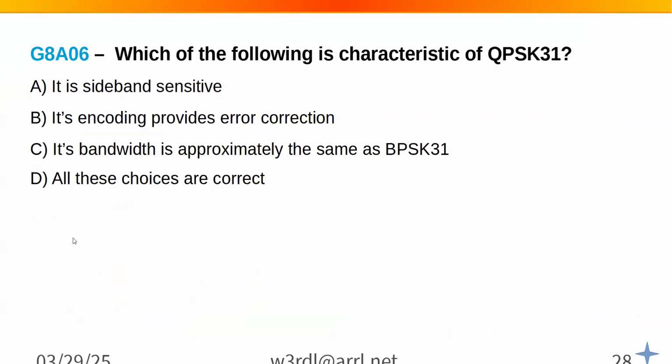Which of the following is characteristic of QPSK31? Well, you wouldn't expect it to have the same bandwidth because you've got 4 states as opposed to 2.